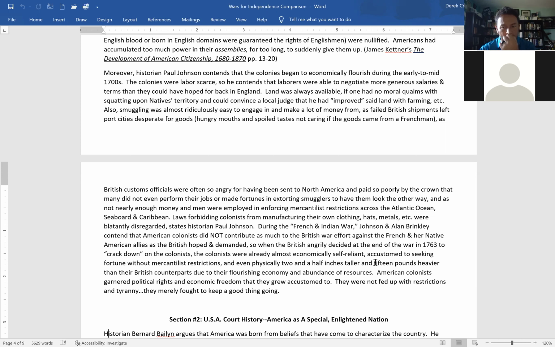And so when Americans began to do as they please, at the end of the French and Indian War, the English government found itself largely in debt. And they said, okay, now we're going to crack down on the American colonists. They have been doing as they please virtually economically without the proper papers.